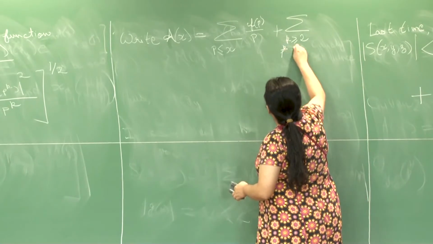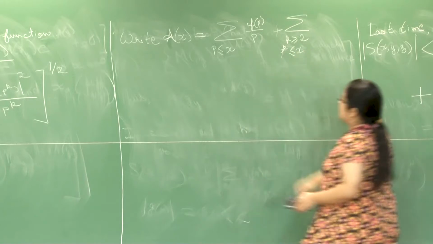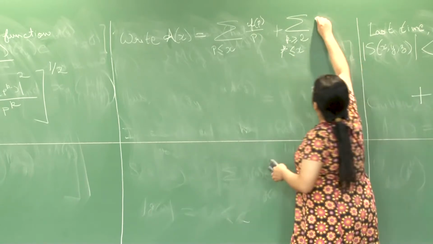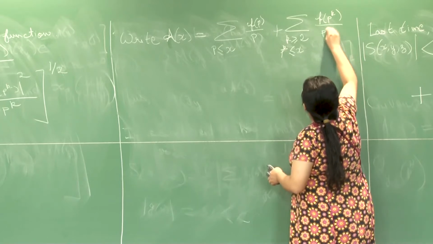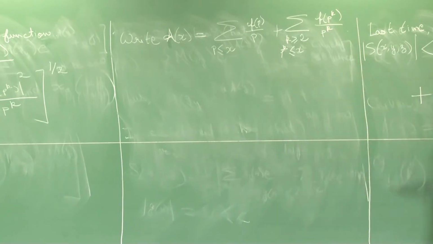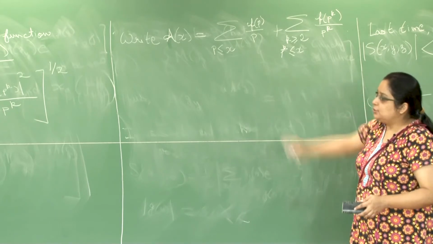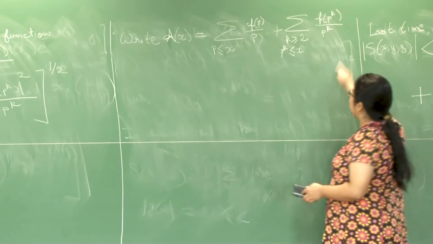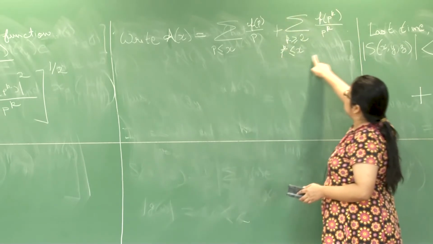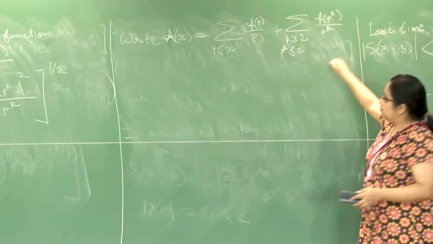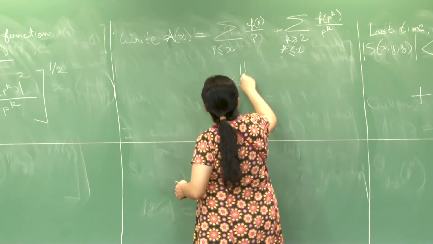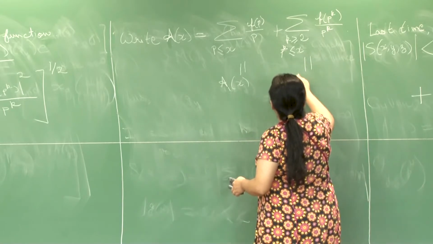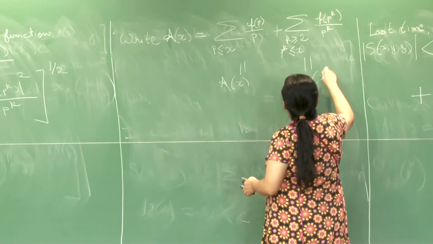So, p raised to the k is less than or equal to x, f of p raised to the k over p raised to the k. And we hope that if f is suitably well behaved, then the contribution from this part would be very small. Okay, so let's call this a1 of x and let's call this a2 of x.